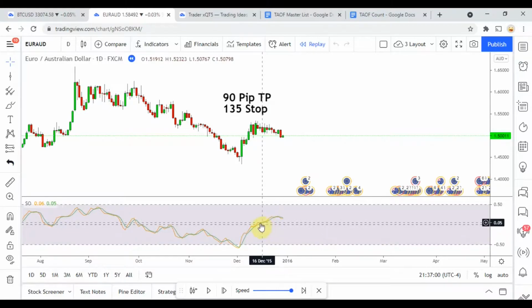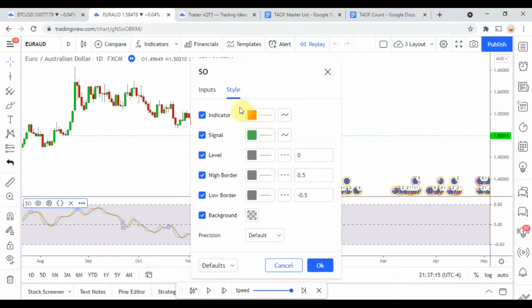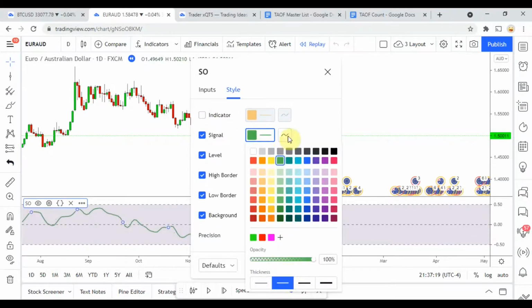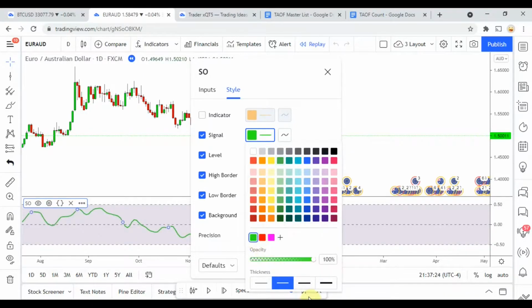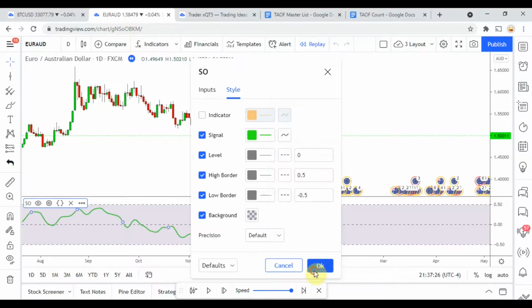And so I'm going to look at the green line because it seems to be the slower and probably could be a little bit better for confirming the move. And so we're going to watch the green oscillating line, and so we'll turn that one off and we'll bump this one up like this, maybe even change its color, brighten it up just a little bit.